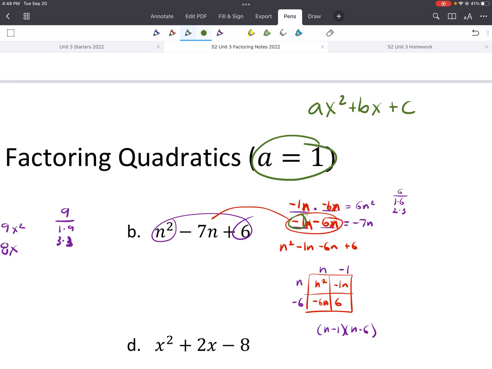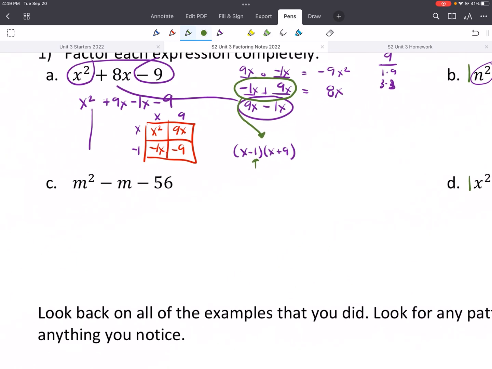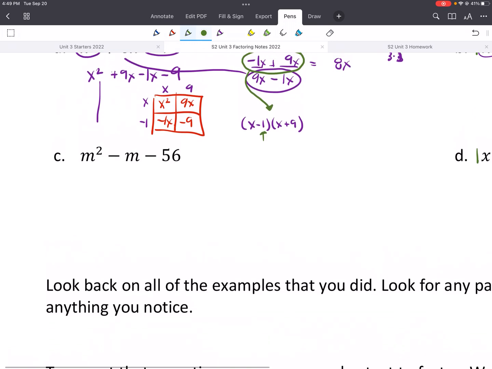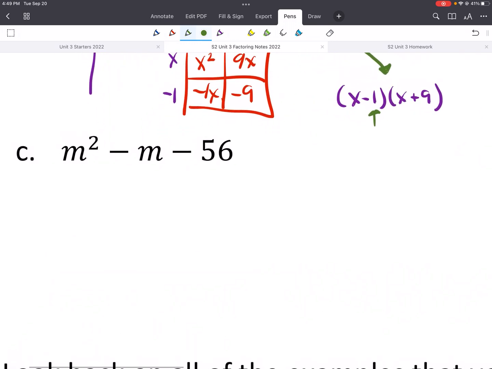If a is 1, typically we don't write it there. Like this is 1n squared, this is 1x squared. If there's not a number in front of the first term, then we can use this shortcut. This can be a lot easier and help you go a lot quicker.